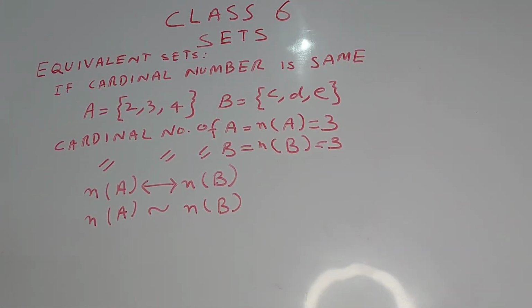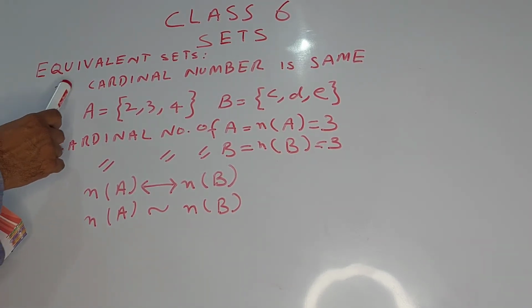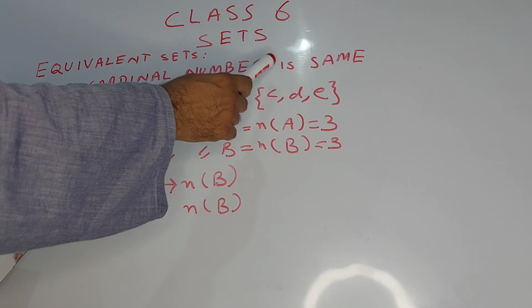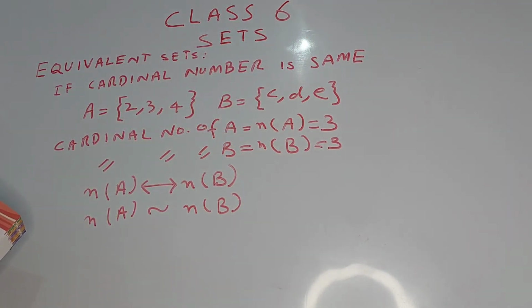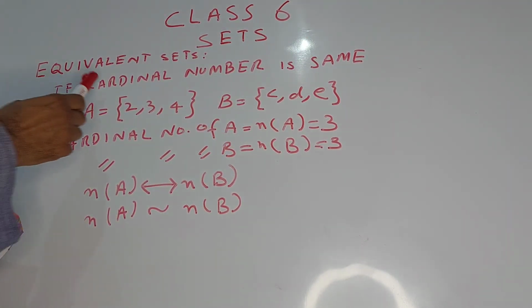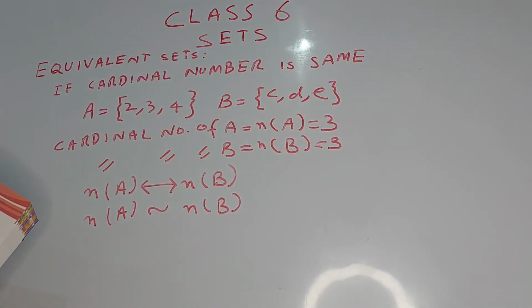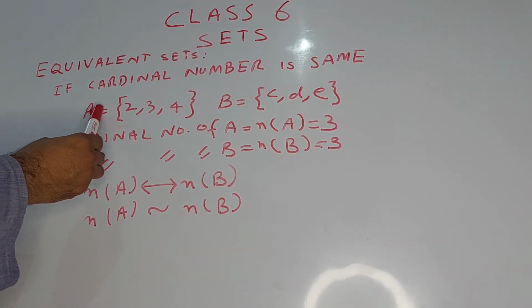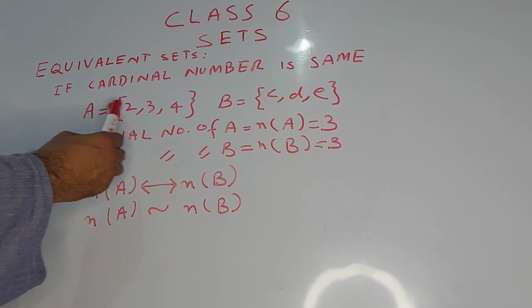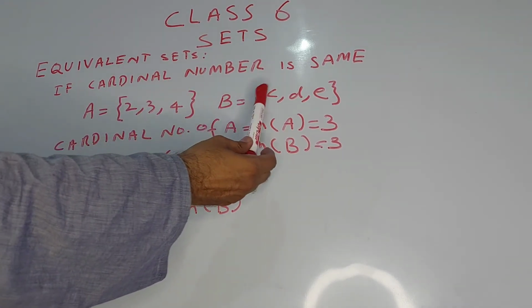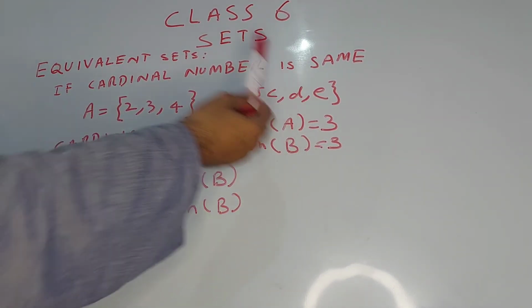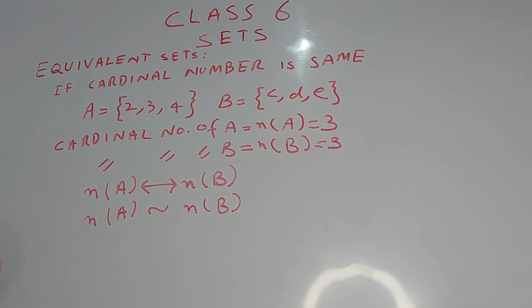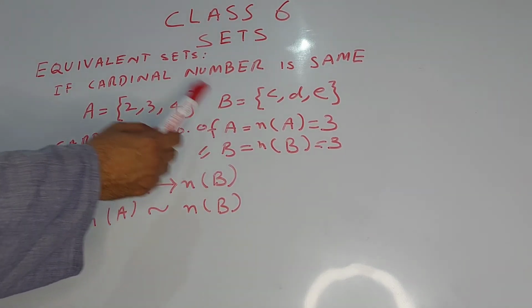Next type is equivalent sets. Two sets A and B are said to be equivalent if their cardinal number is the same. For example, what are the cardinal numbers? I will explain. A is equal to {2, 3, 4}, this is set A. B is equal to {C, D, E}, this is the second set B. Now what is the cardinal number of set A?